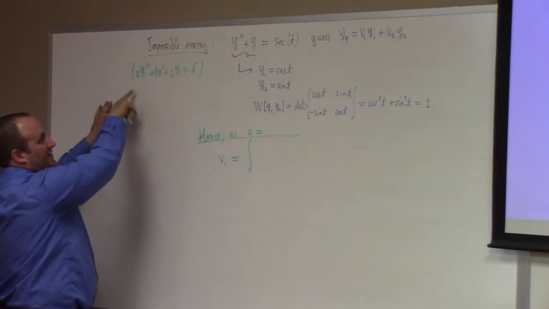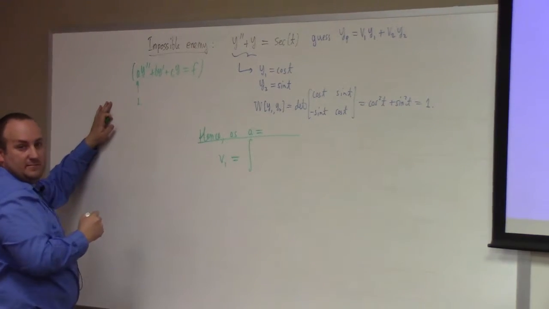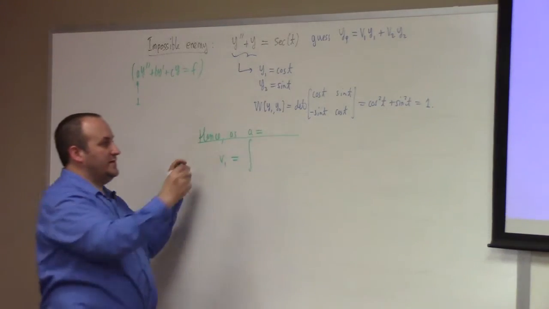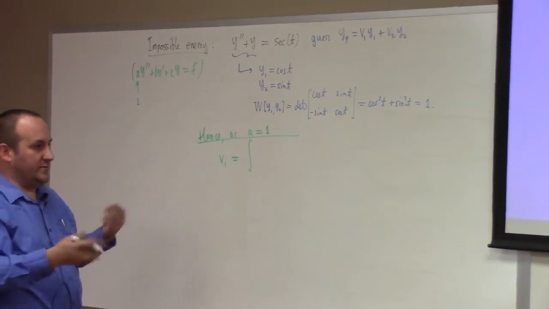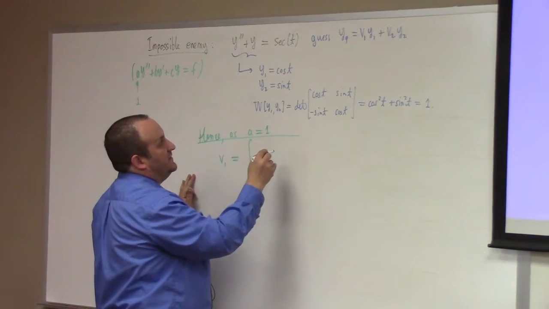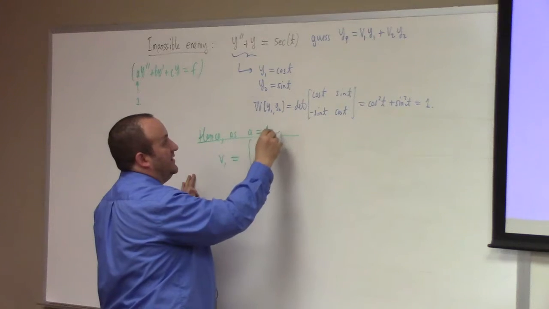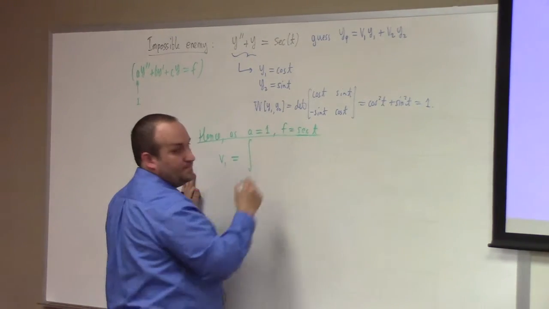So by comparison, a is what? It's 1, right? A equals 1. So in formula 10 over there, the a is gone. F is equal to secant of t, right?